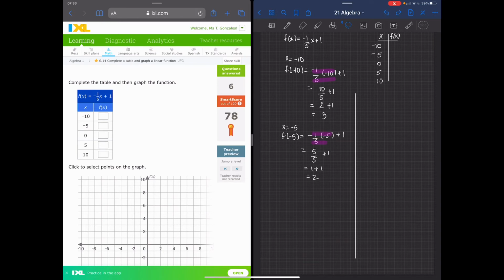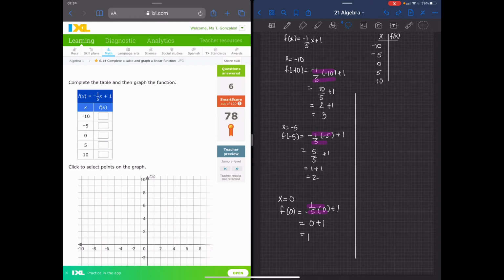Next, I have x equals negative 5, so f of negative 5 equals negative 1/5 times negative 5 plus 1 equals 5 divided by 5 plus 1, so 1 plus 1 equals 2. And then next, x equals 0. So f of 0 equals negative 1/5 times 0 plus 1.